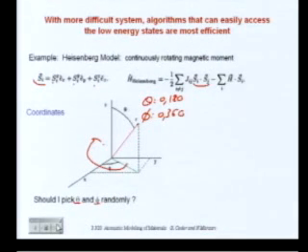Now, if you picked theta and phi randomly in that interval, you'd make a big mistake. And the reason is, if you think about it, when you're at theta equals 0, then all the states for phi from 0 to 360 map onto the same state. So you'd very often end up there.